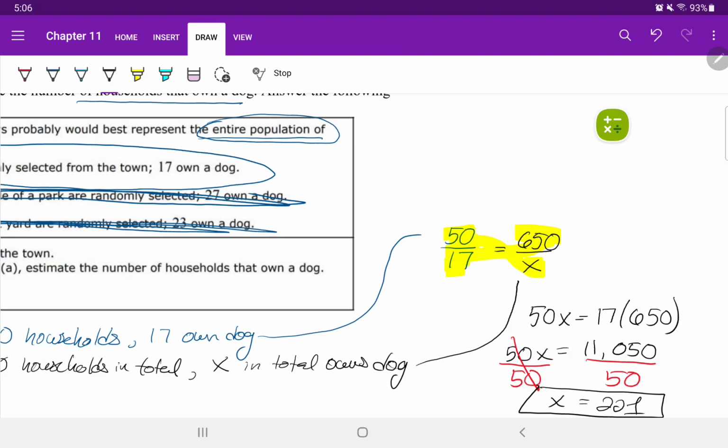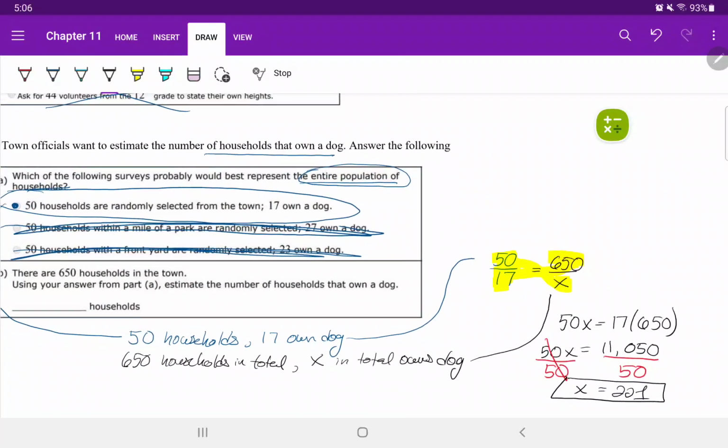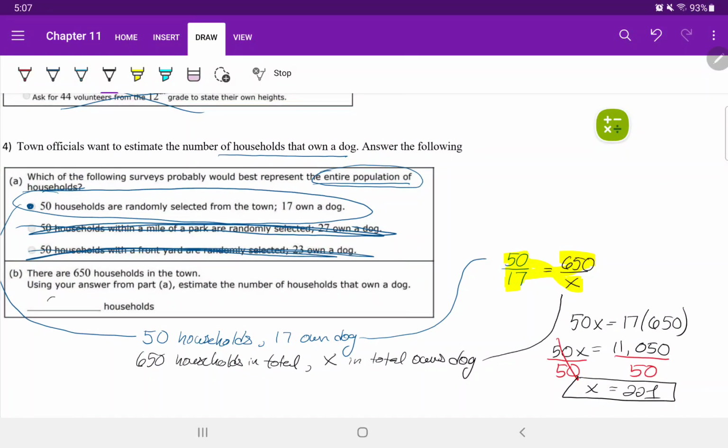That means 221 households are estimated to own a dog. And once again, we are using proportions, setting two ratios equal to each other, solving for the missing variable to answer the question.